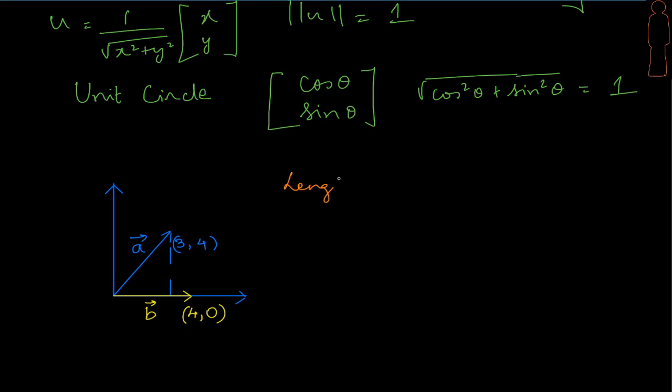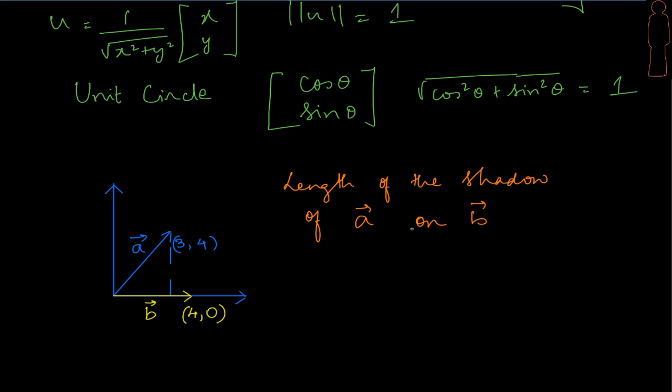We are interested in the length of the shadow of the a vector on the b vector, right? It's a very important statement we're looking at. See, we know how to find the magnitude of the a vector or b vector. We know how to find their direction.